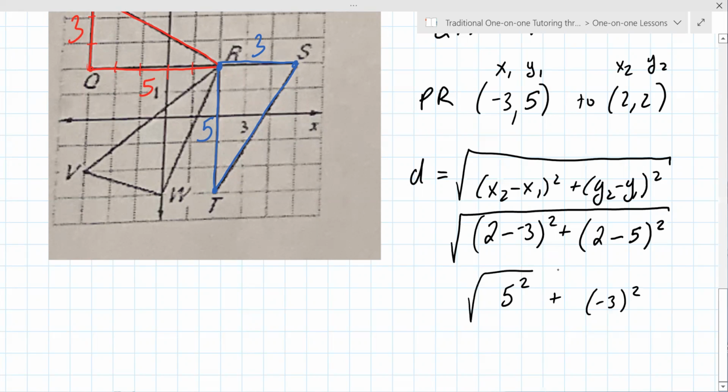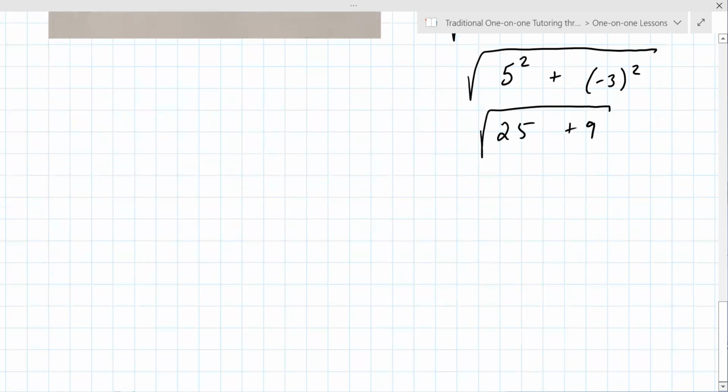Okay, very good. What is 5 squared? 25. Plus 9, since -3 times -3 is 9.